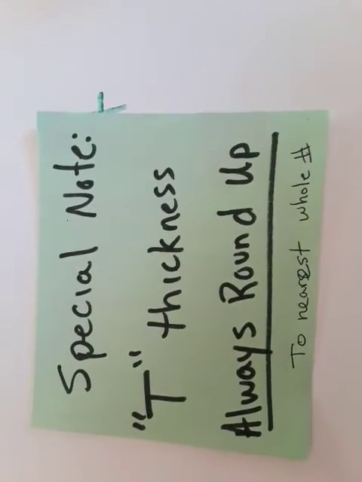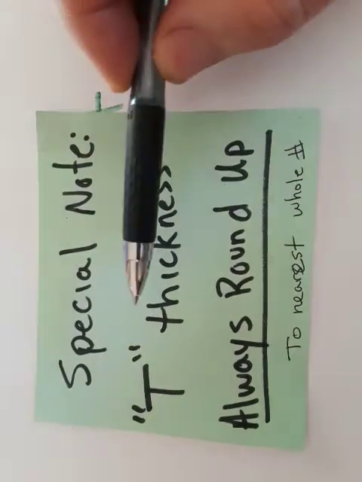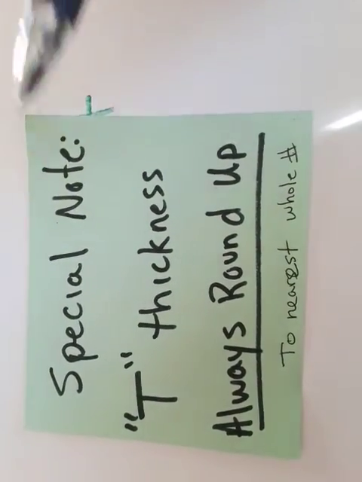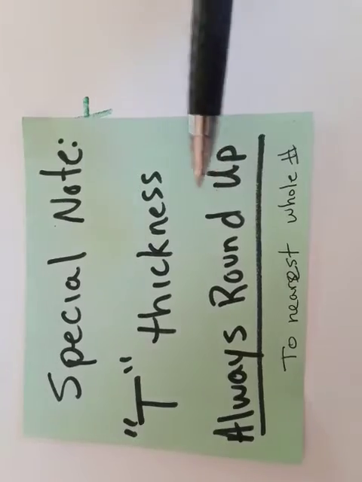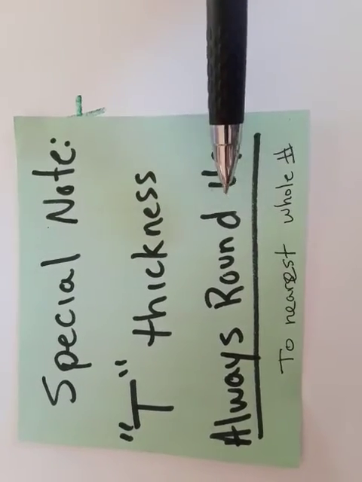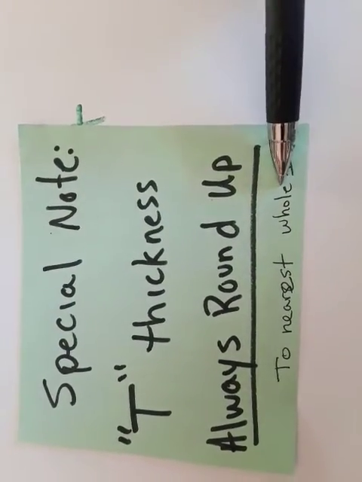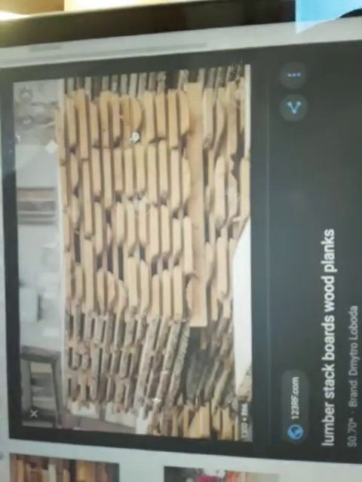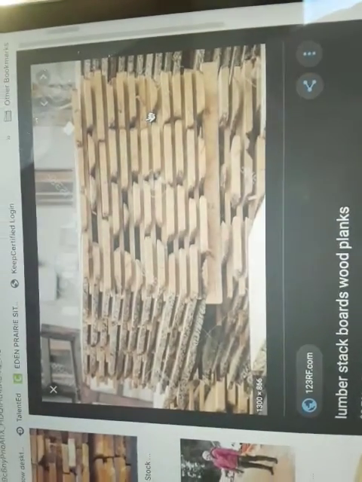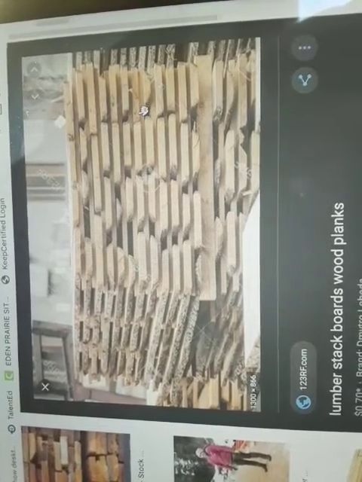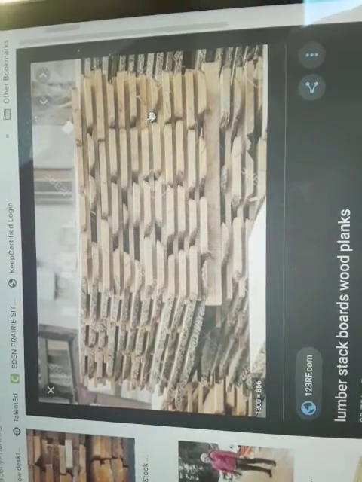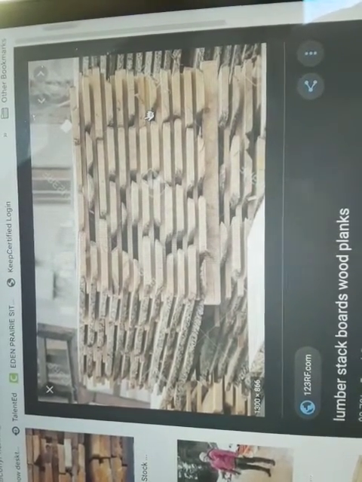There is a special note about the thickness, and only the thickness: we always round up to the nearest whole number. Why is that? If we take a look at this stack of lumber on my computer screen, each one of those boards from the lumber yard starts out at 1 inch.